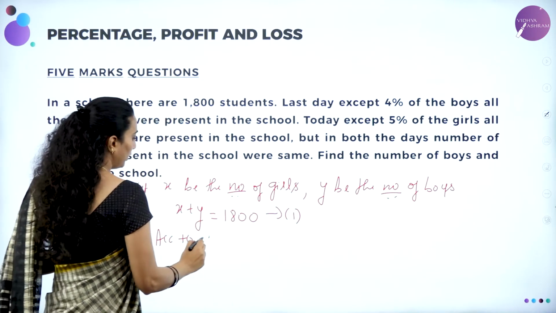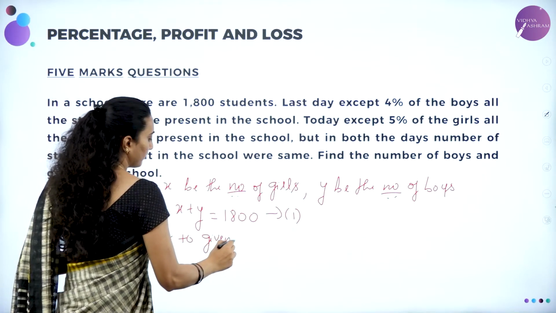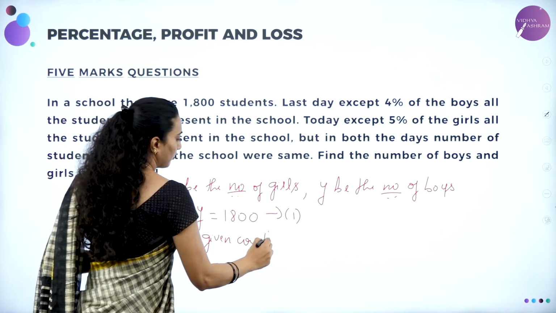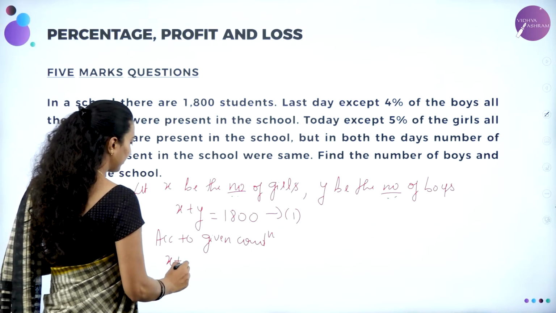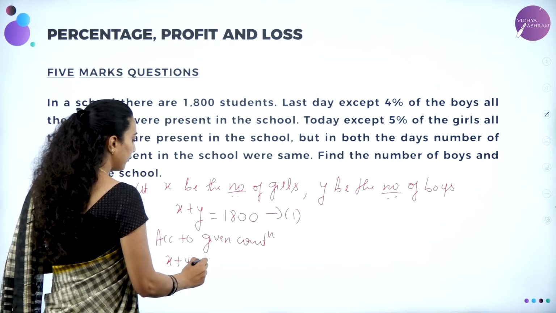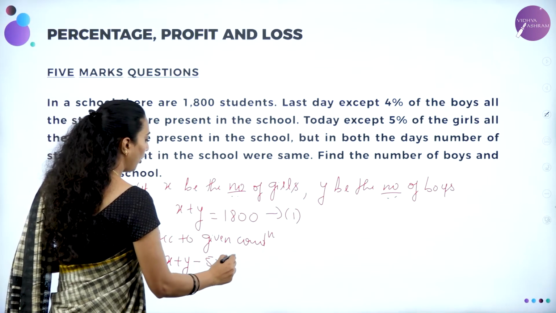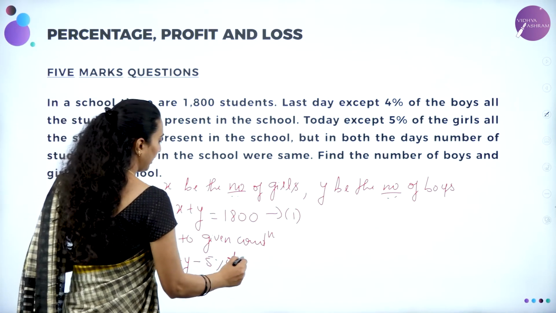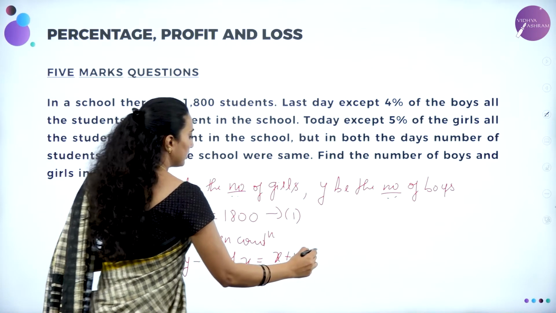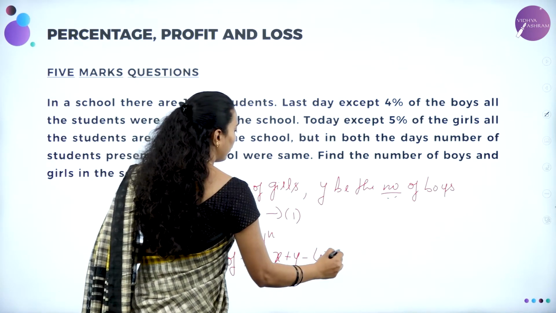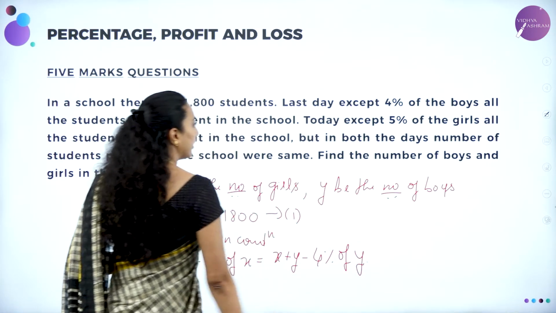So according to the given conditions, you are going to have x plus y minus 5% of girls, that means x, is equal to x plus y minus 4% of boys. Correct?